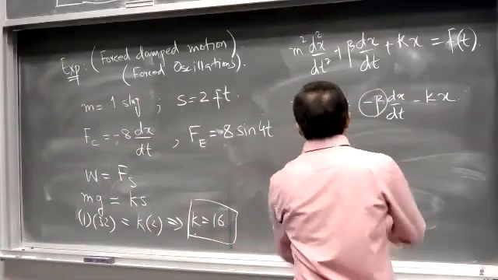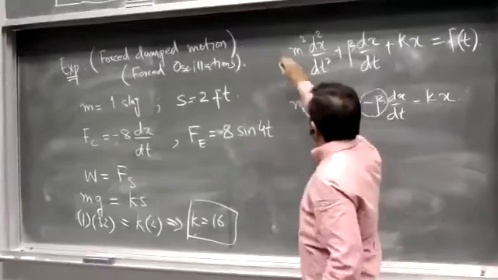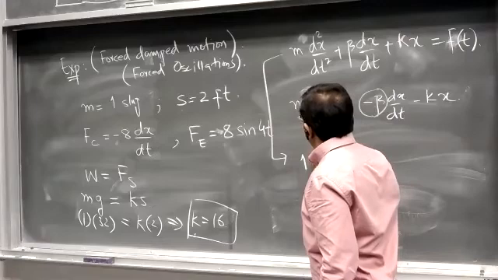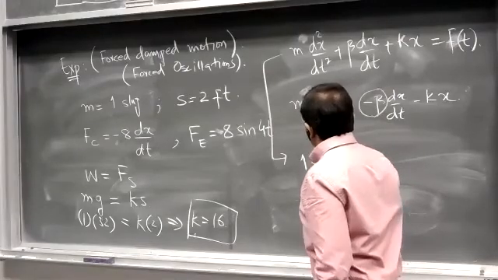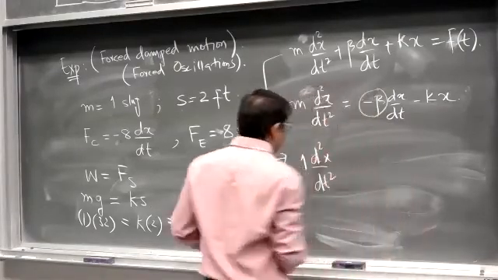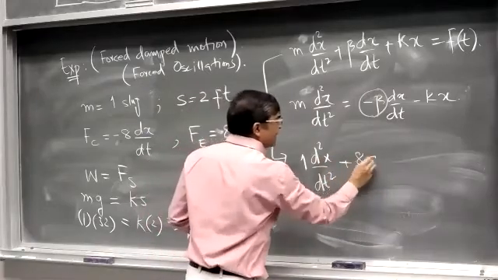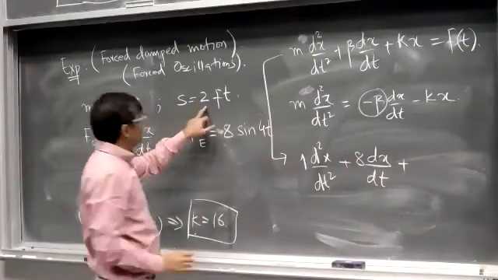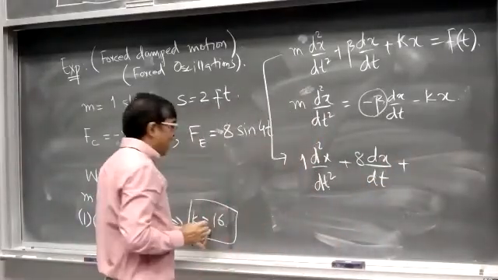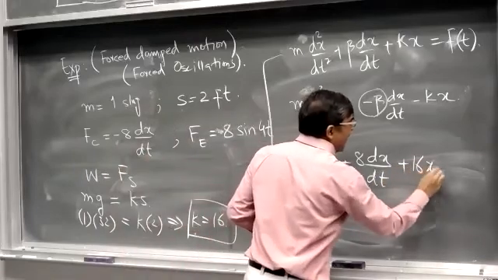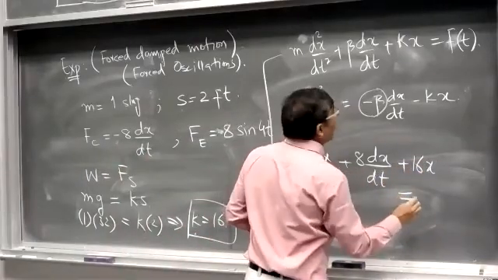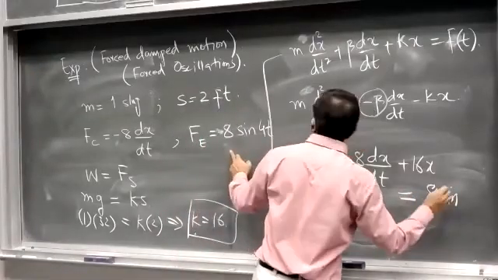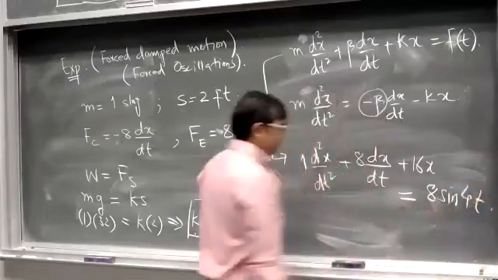So the equation of motion will become, it is not m square, it is m. M is 1, so 1 times d square x by dt square plus 8 times dx by dt plus 16 times x is equal to 8 times sine 4t.